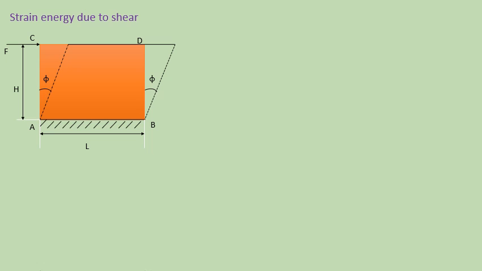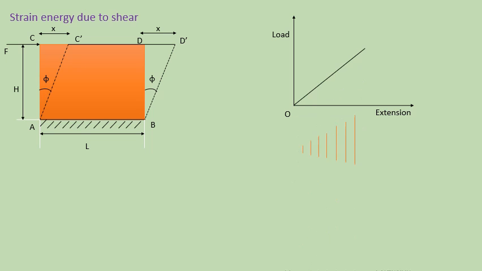Due to the application of load F, there is a change in position of C to C dash and D to D dash by an amount X, through an angle phi. If we plot the graph by taking extension along the x-axis and load along the y-axis, we will get a linear curve like this, a straight line.